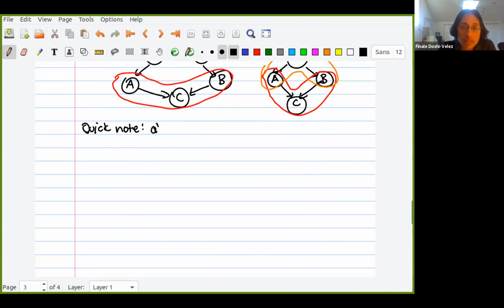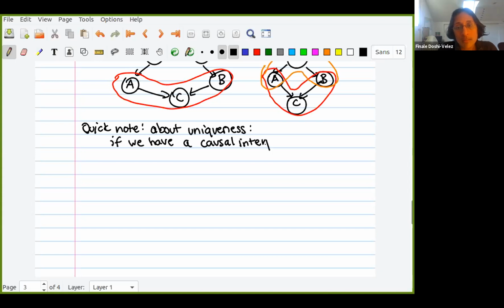about uniqueness. Over here, which is that if we have a causal interpretation, then there is some notion of uniqueness, right?